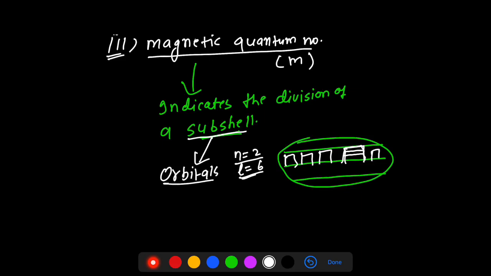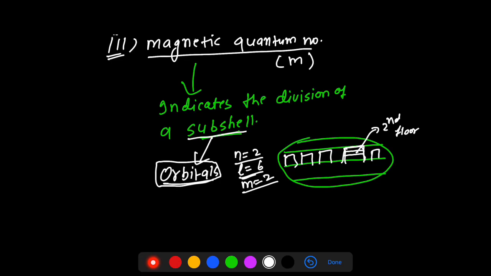In the similar way, every subshell is divided into orbitals. The divisions of subshells are called orbitals. So suppose if the person lives on the 2nd floor, we'll say that the value of m over here is 2. He lives on the 2nd floor, right?